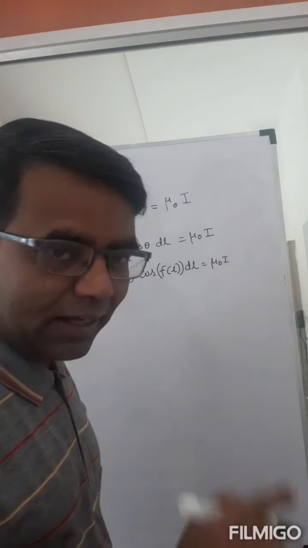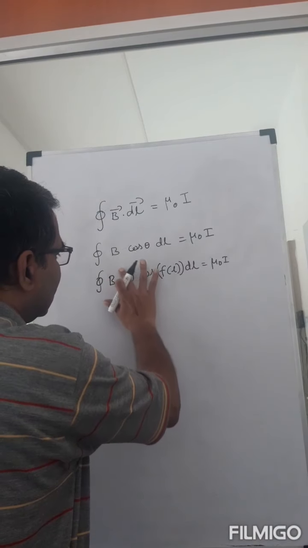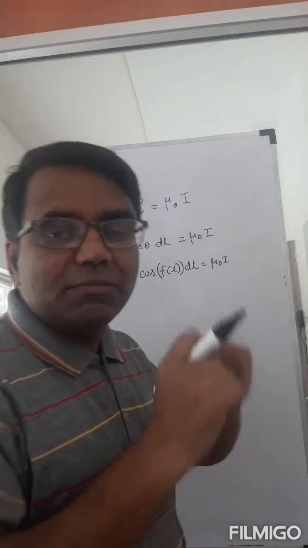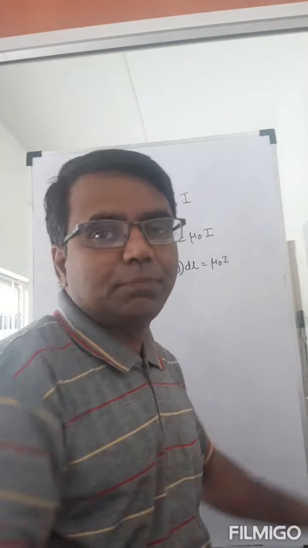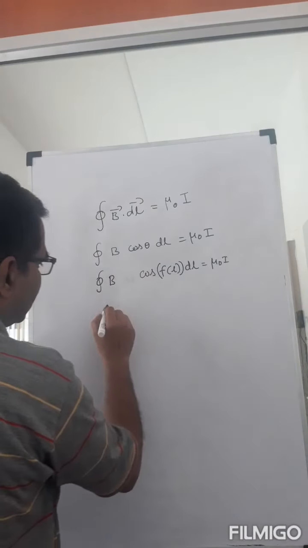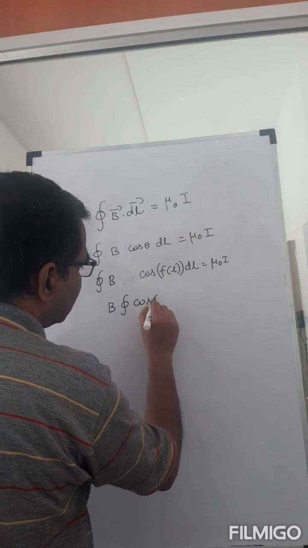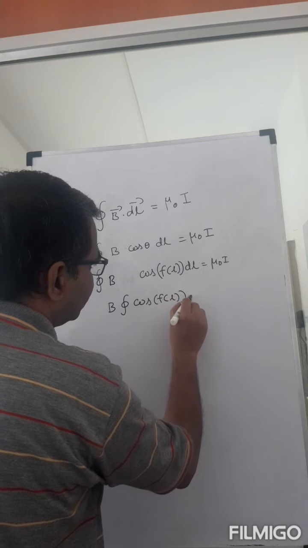But if I find a path in such a way that B remains constant in magnitude over the entire path, then I can take B out and then do the integral here.